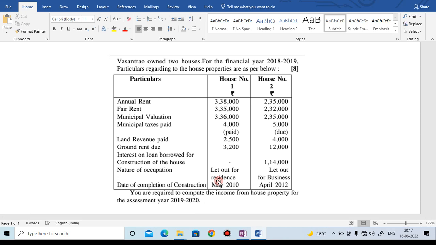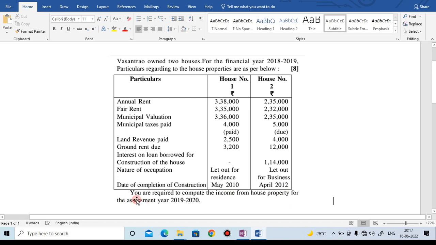For deemed to be let out house property, the format will be different, and for let out it is different. So both the houses are let out, the first for residence and the second for business. Now the date of completion of construction is given as May 2010 and April 2012.